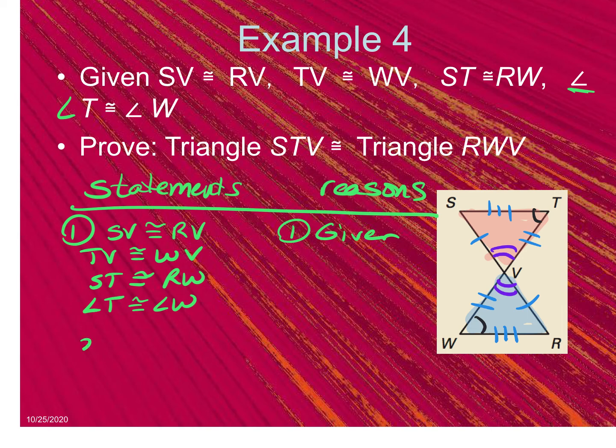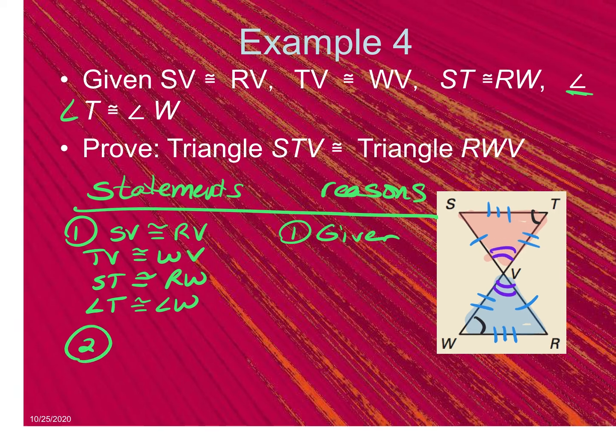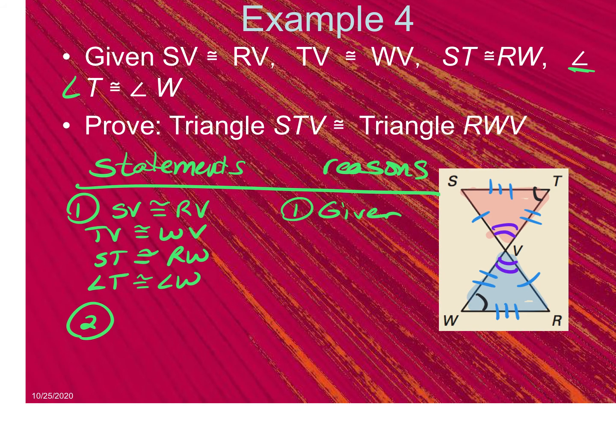So I need to name these vertical angles with 3 letters. You can either start at the T and go to V to S or SVT. It doesn't matter. I'm going to go TVS is congruent to WVR. V needs to be the middle. And the reason why I can state that they're congruent is my vertical angles congruence theorem.